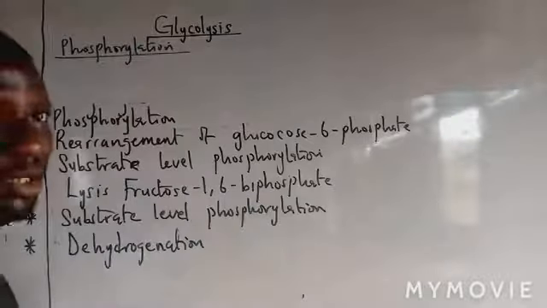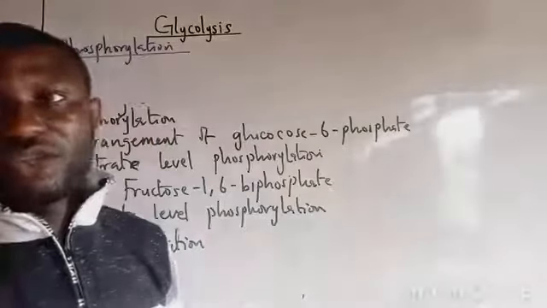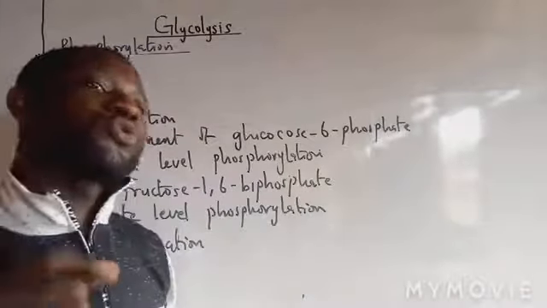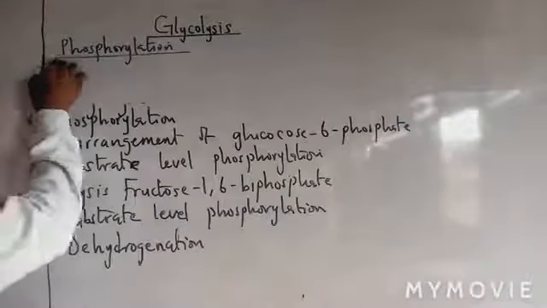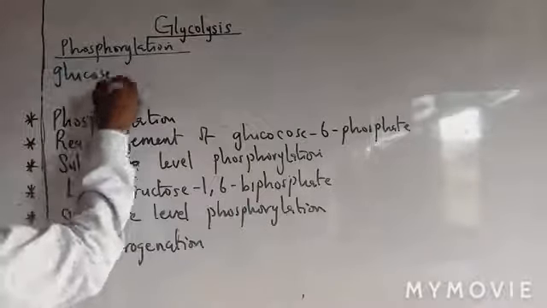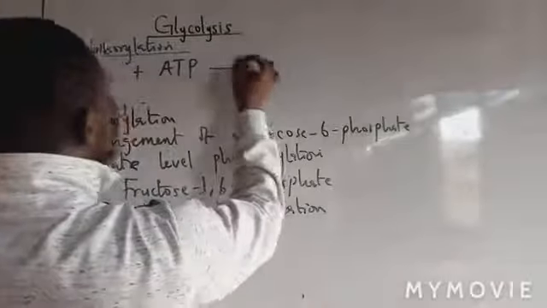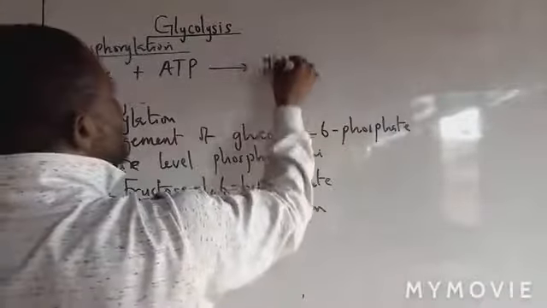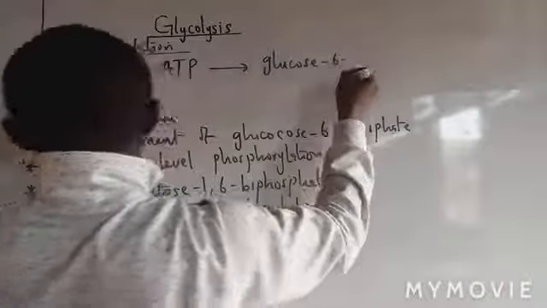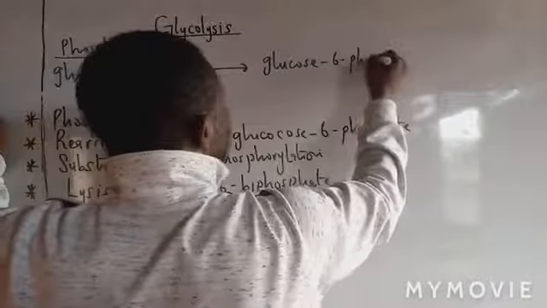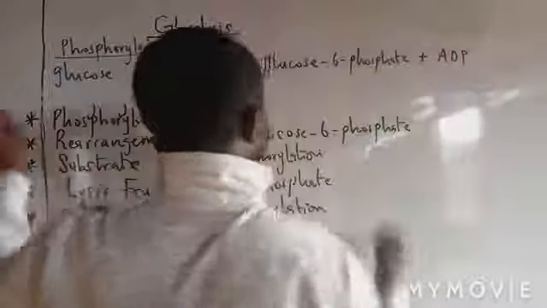Phosphorylation simply means addition of phosphate group to another compound. So when glucose reacts with ATP, the product is glucose 6 phosphates plus ADP.